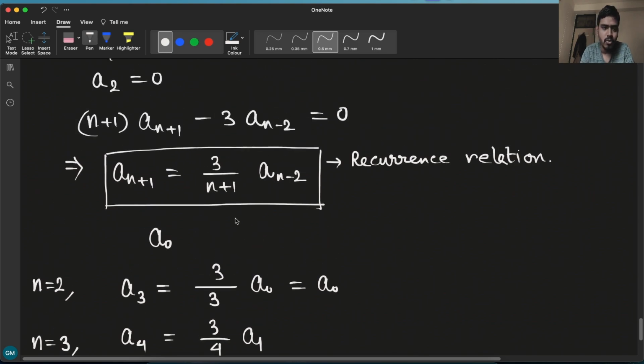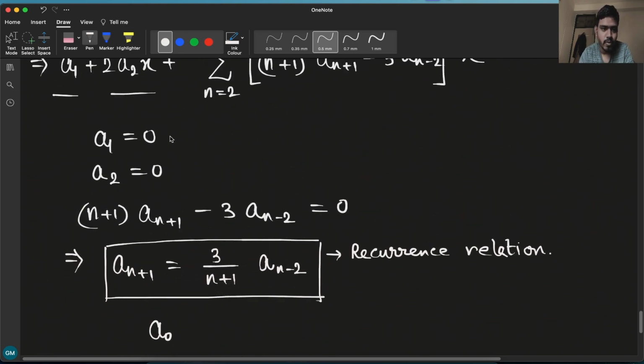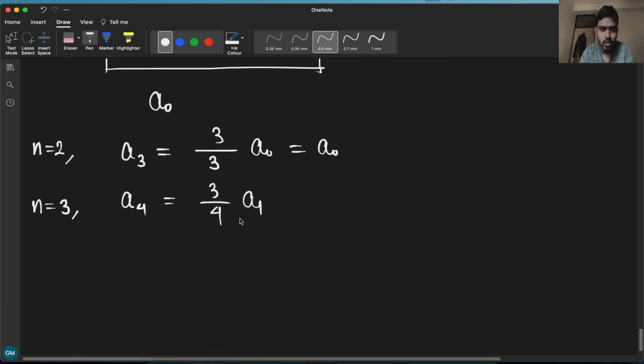But we know that a1 is 0, and we also know a2 is 0. So that means a4 is also 0. Similarly, if I put n equals 4, then we will get a5, which equals some term times a2, equals 0, because a2 is 0.